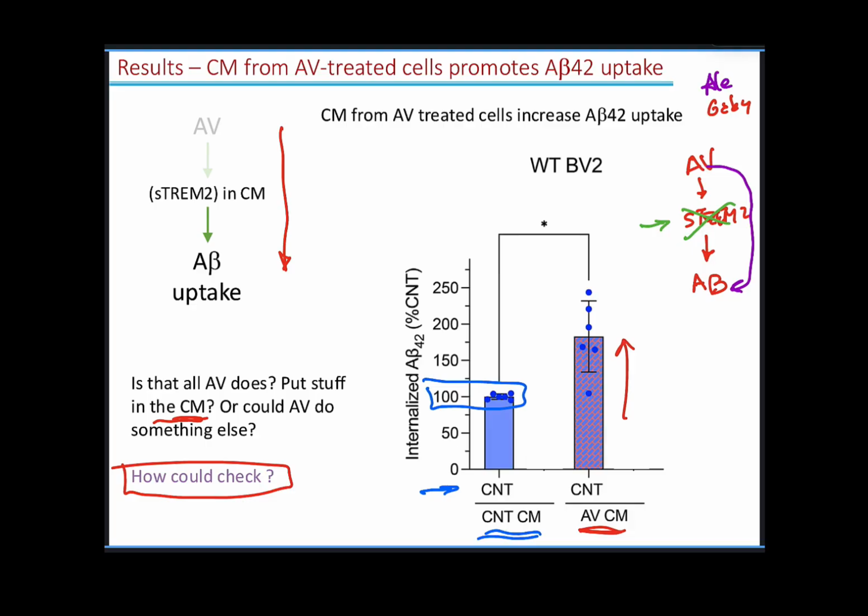The approach this group took is similar to approaches that we've seen before. And the idea here is as follows. If it's true that AV is acting through S-TREM2 and something else, then a way to dissociate between these two is to say, okay, if I'm adding S-TREM2 alone, I'm going to get some effect.